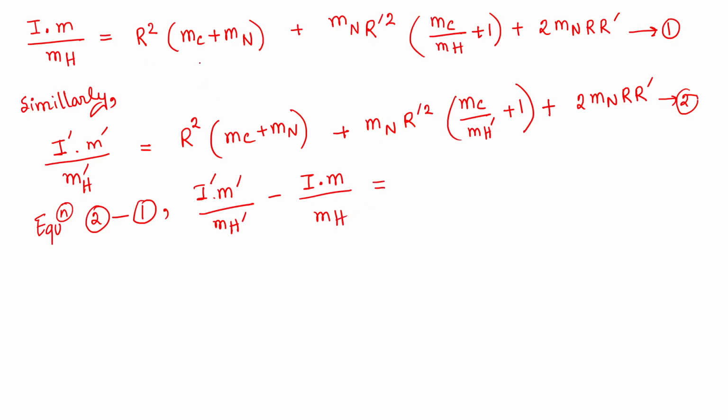So see the first and the third term are the same for these two equations, right? So they will cancel each other. So what we are going to be left with, as we are doing 2 minus 1, first this term is there, right? Minus mn r dash square.